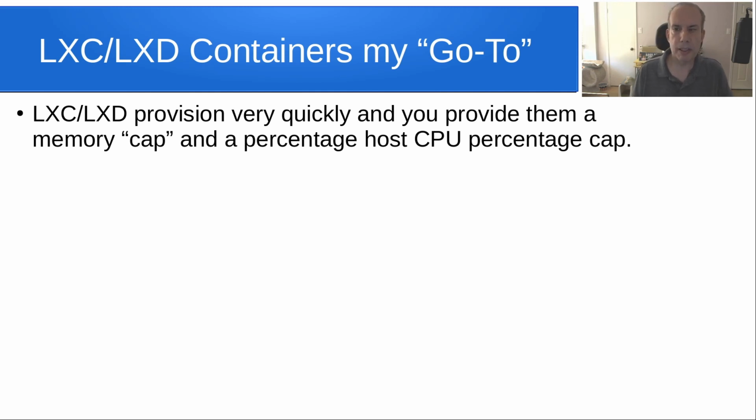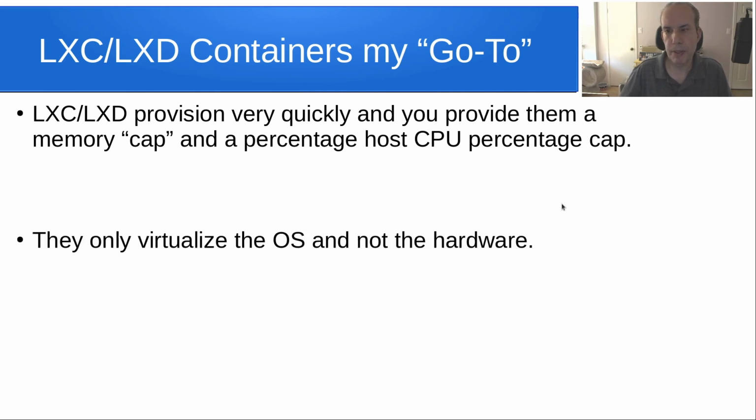So I can say, I'm going to create this LXC container, and I want it to be able to allocate under load as much as, say, 2 gigs of memory, 2048 megabytes, and I want it to be able to use maybe up to 10 or 15% of the overall CPU of my host. That's what you can do with LXD, which is really nice.